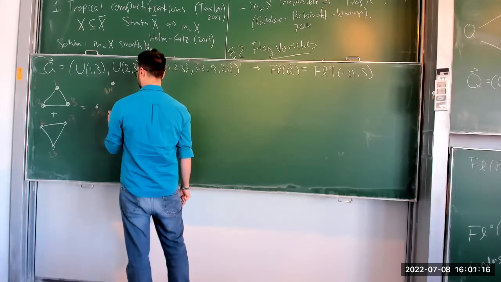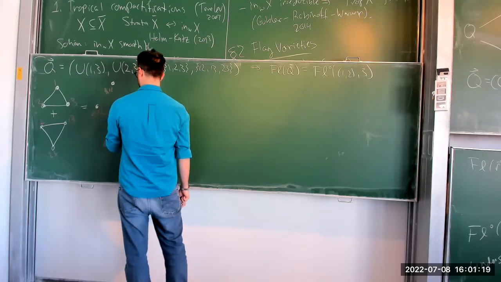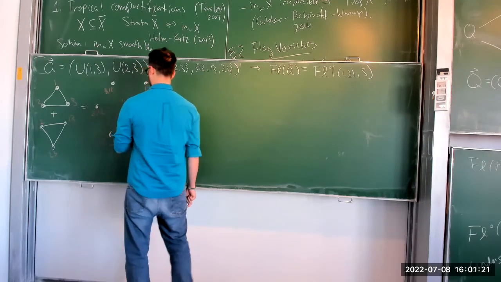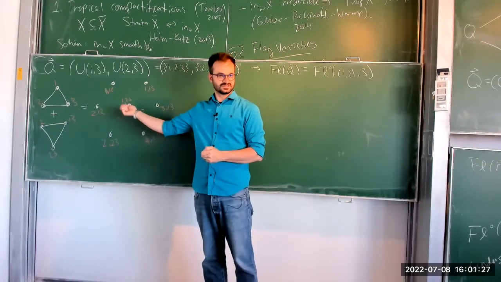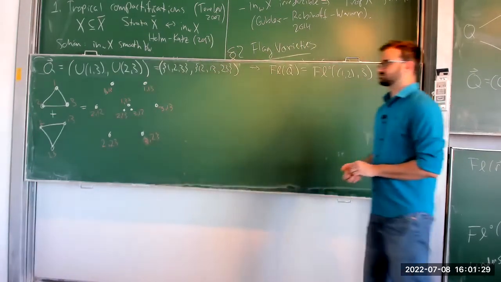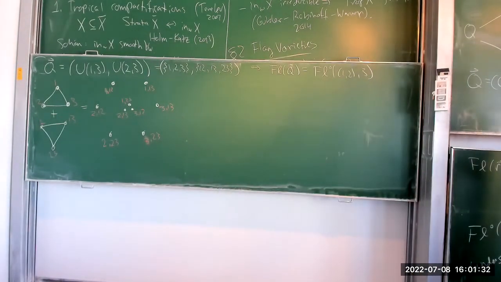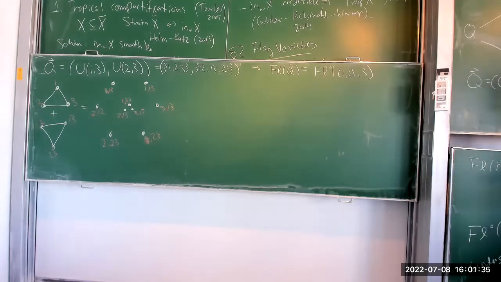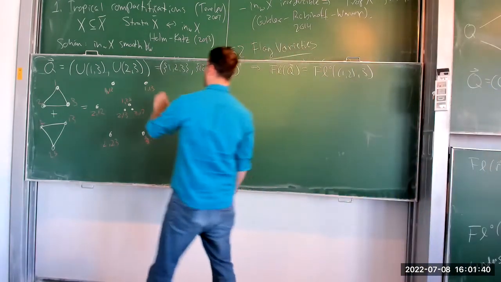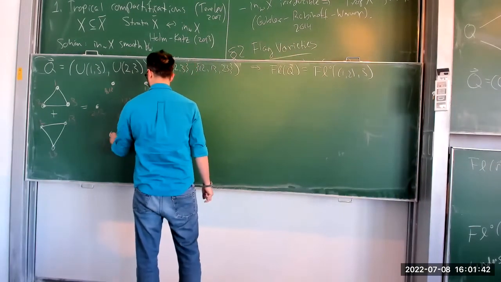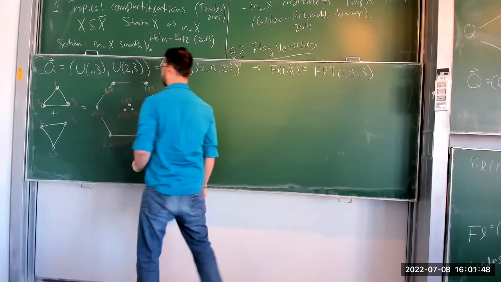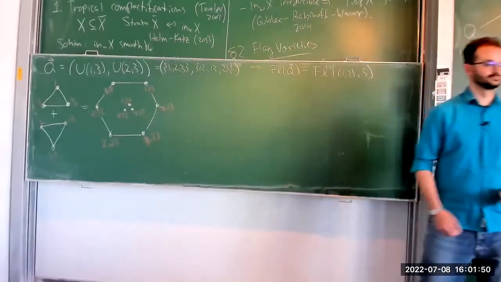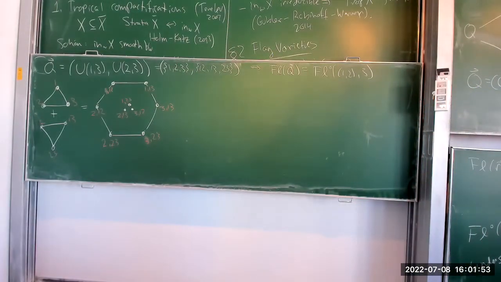As 2, 13, and then 3, 12. I'm sort of spreading them out for emphasis, but this is all 1 point. But you should think of it as a point with 3 labels. Okay. So this is what I mean by the point configuration of your flag matroid.